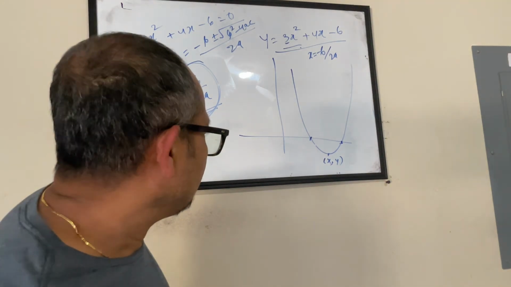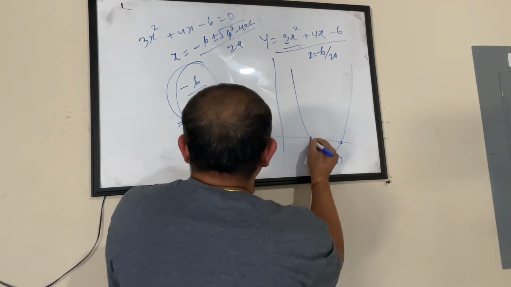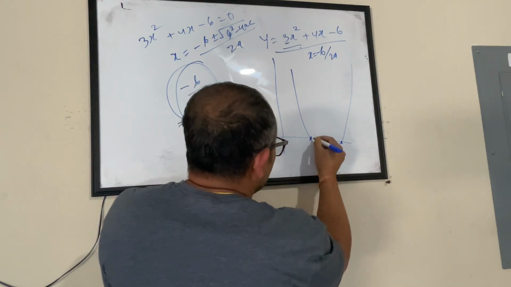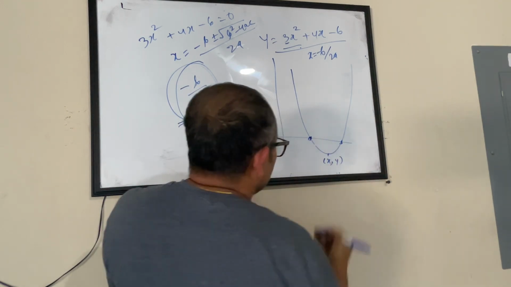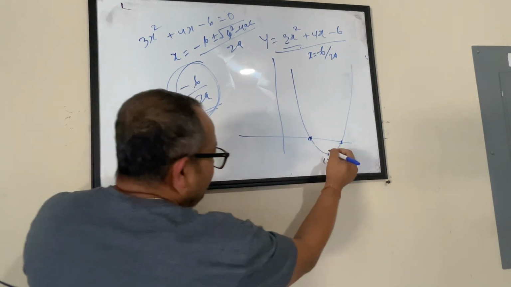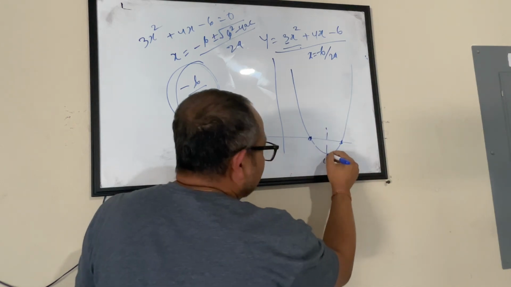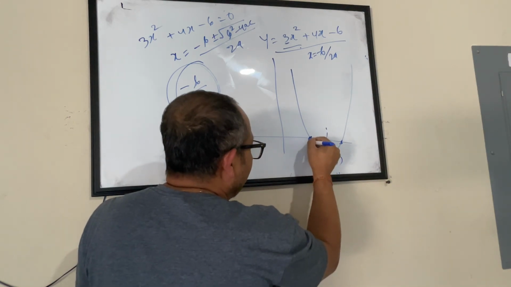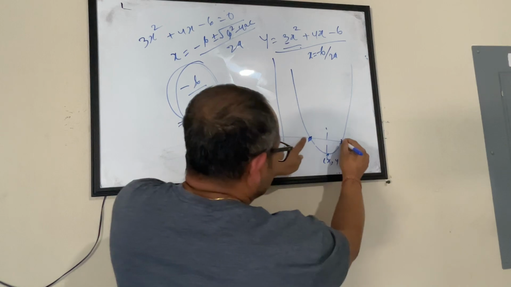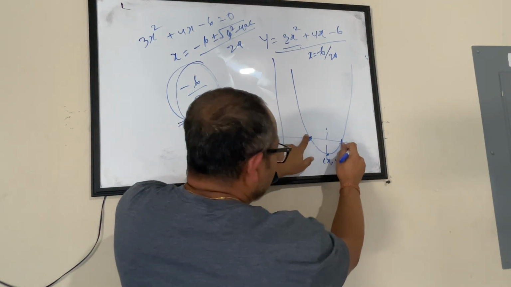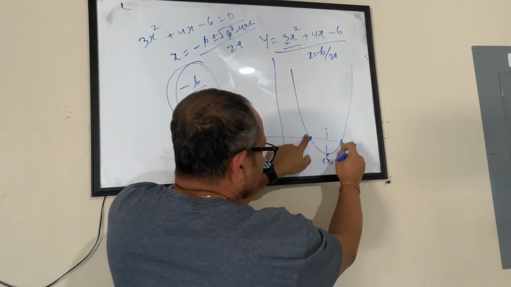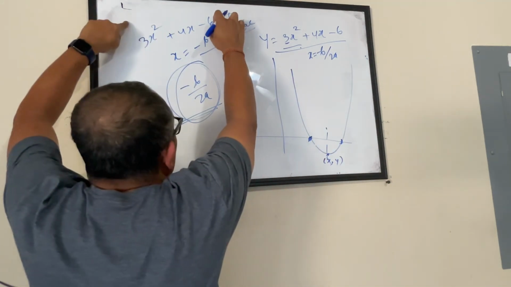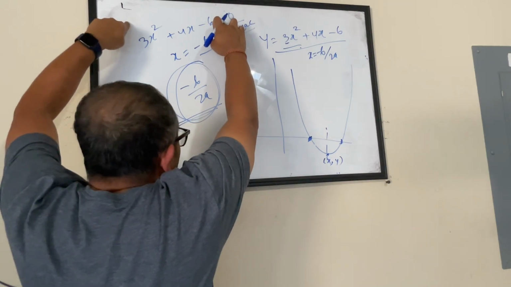Okay. Now look at this one. This vertex will be equidistant from these places. What is the value of x here? This is where the value of y is 0, so from this I am finding the value of x.